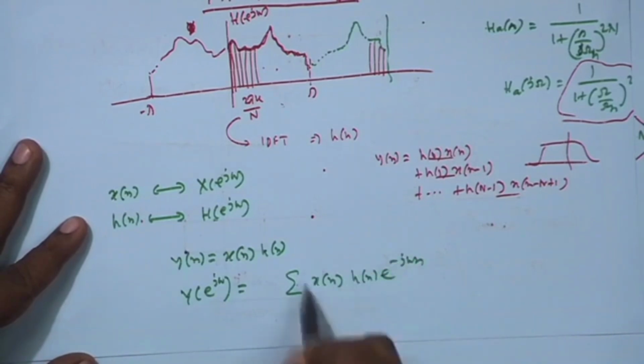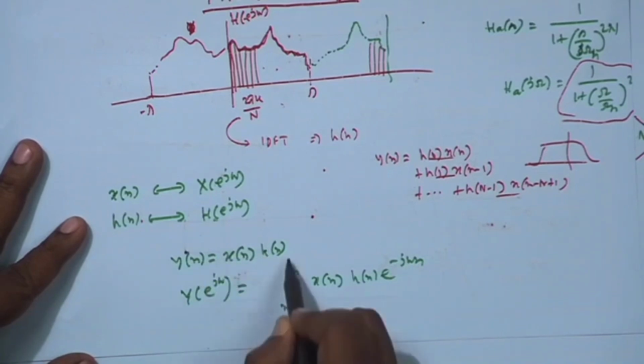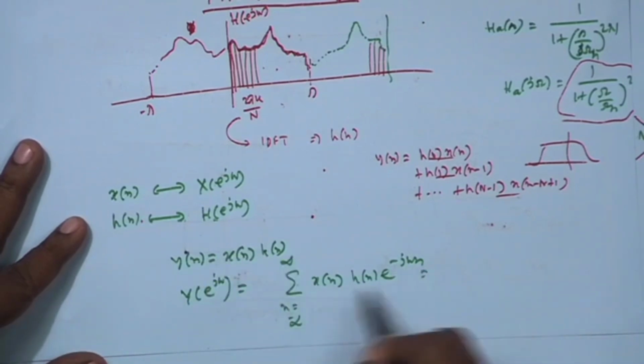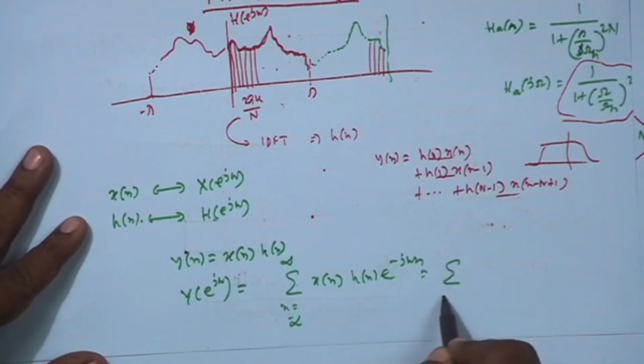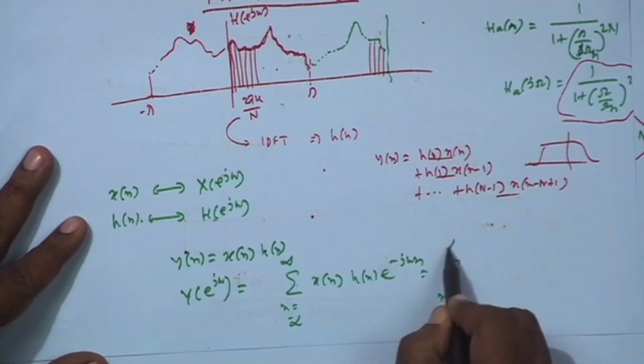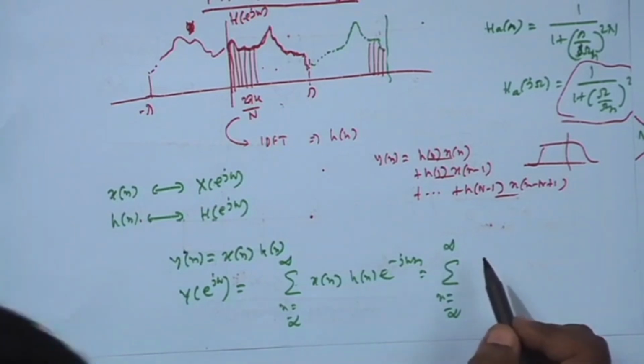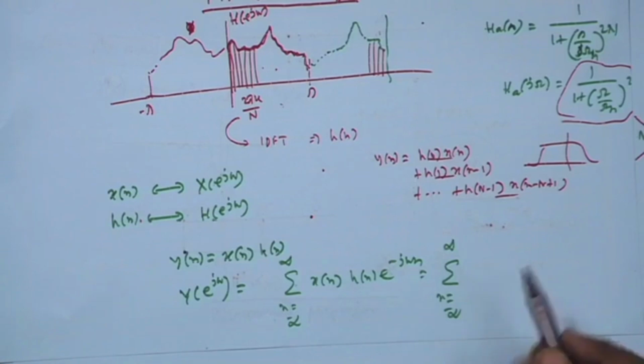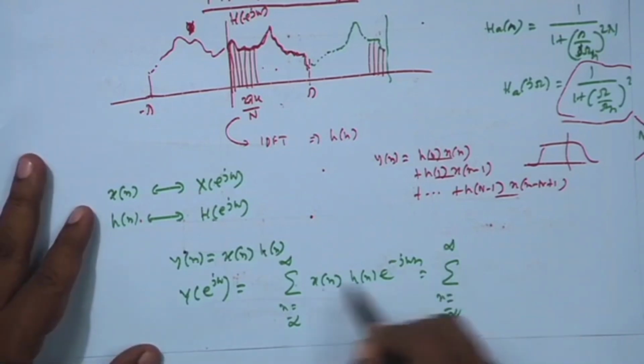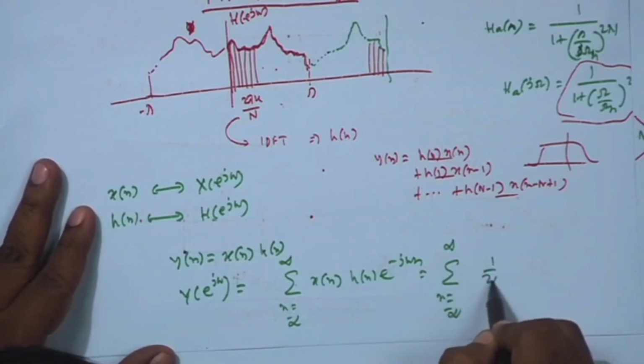This is the DTFT. Instead of y[n], I have written x[n]h[n], with limits in general minus infinity to infinity. One of them, maybe x[n], I can write in terms of its inverse DTFT formula.